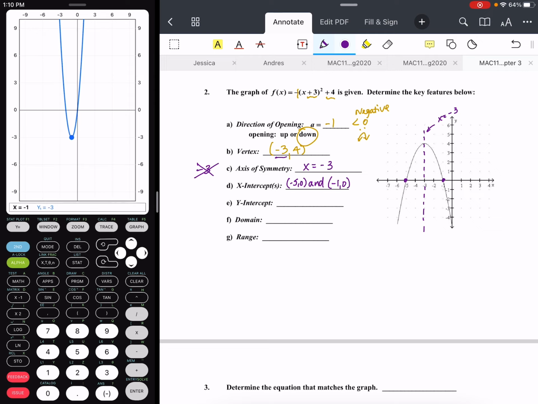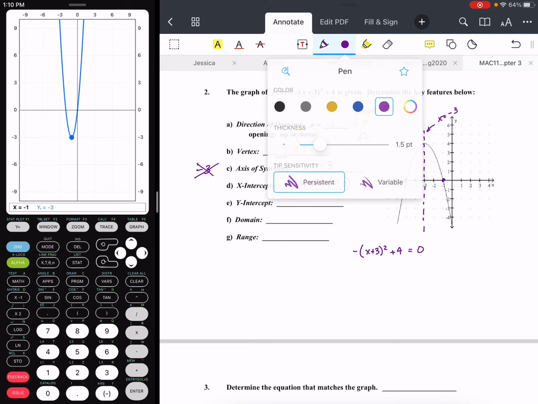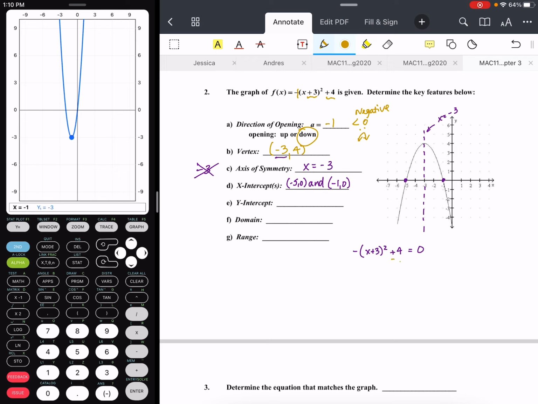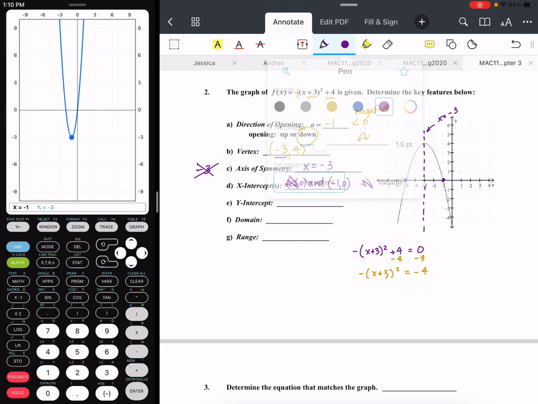But if we wanted to verify this using algebra, remember that we could set f of x equal to 0. So if I take -(x plus 3) squared plus 4, set that equal to 0, and then maybe you subtract 4 from both sides, you have -(x plus 3) squared equals -4. And then remember, this is really a coefficient of -1.